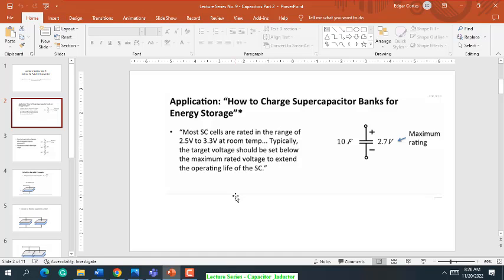If you are into designing, this is the range of voltages when you design supercapacitor banks. Typically the target voltage should be set below the maximum rated voltage to extend the operating life of the supercapacitor. If you exceed 3.3, the capacitor life shortens.